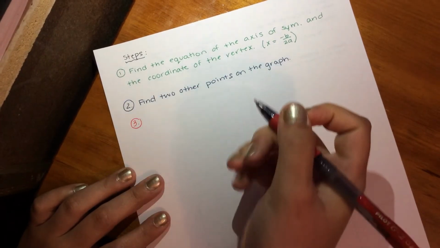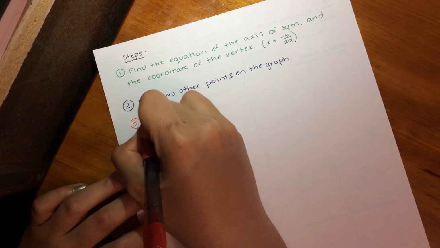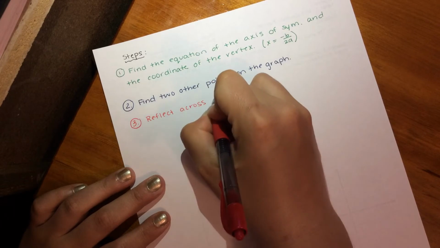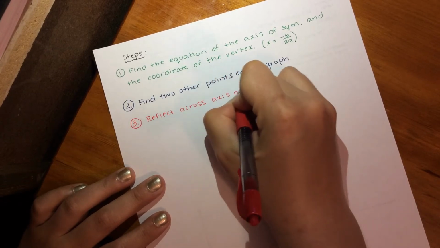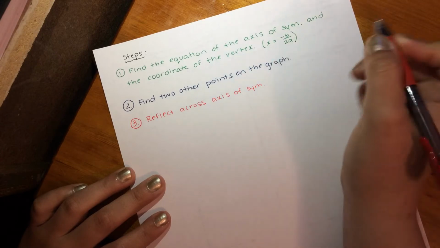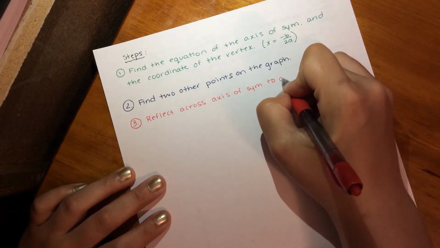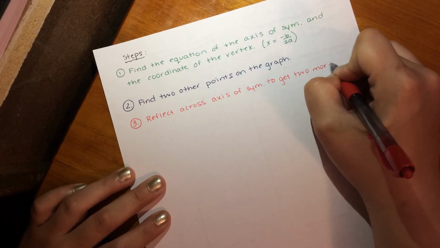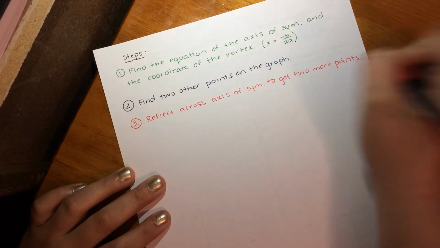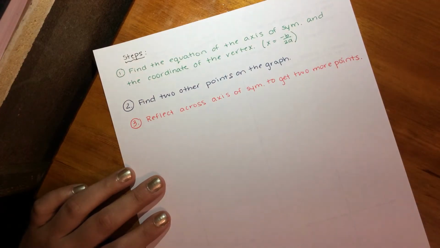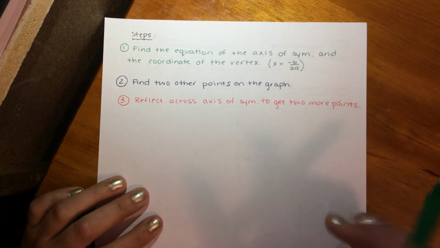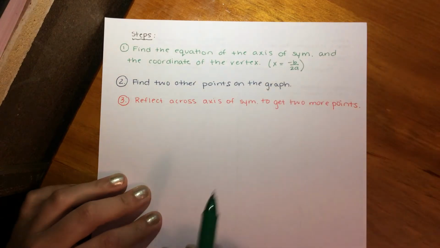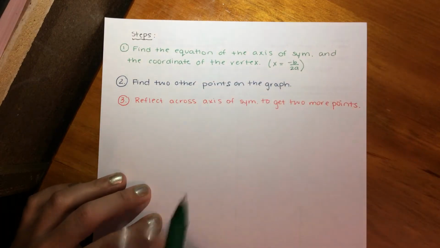Step 3, reflect across the axis of symmetry to get 2 more points. Okay, so I want you to keep these handy. I want you to refer back to these as we go through. And again, I am going to try and color code as much as I possibly can.